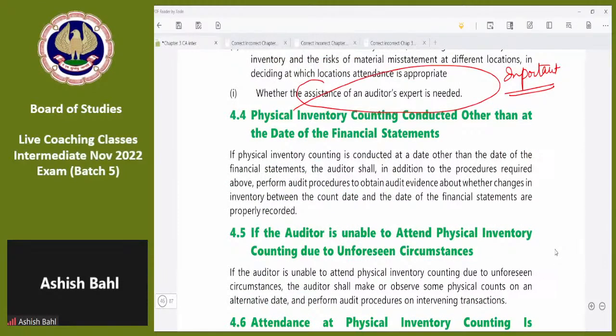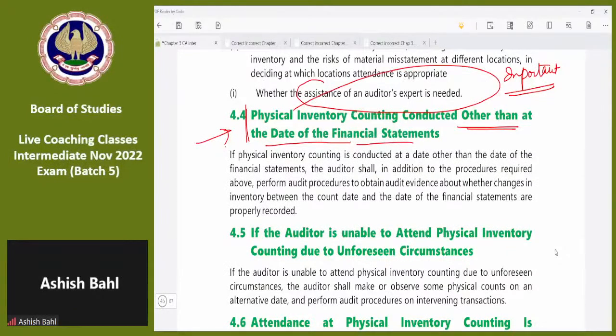Now, physical inventory counting conducted other than at the date of financial statements. It might so happen that the auditor is not able to attend physical inventory counting at the closing date because of some contingency, but he attends it at some other date.